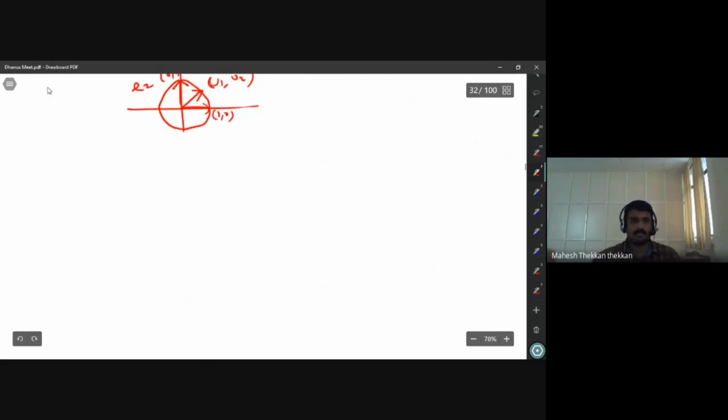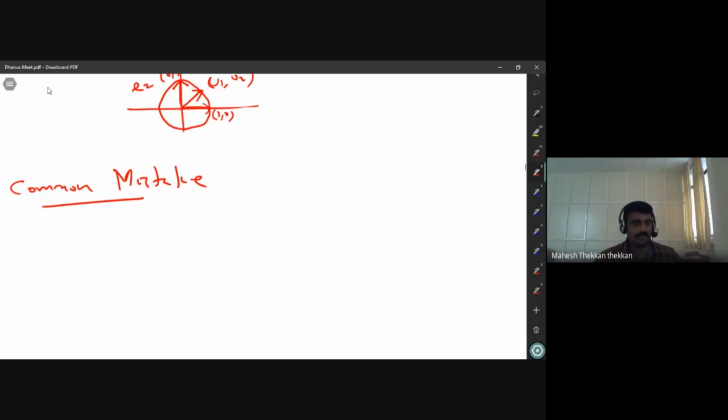So I wanted to point out something important, which I call a common mistake. You might have seen the directional derivative in your vector calculus theory.